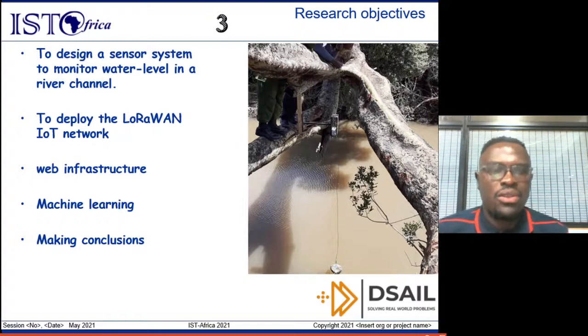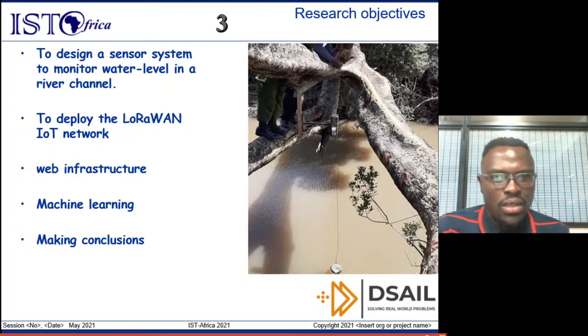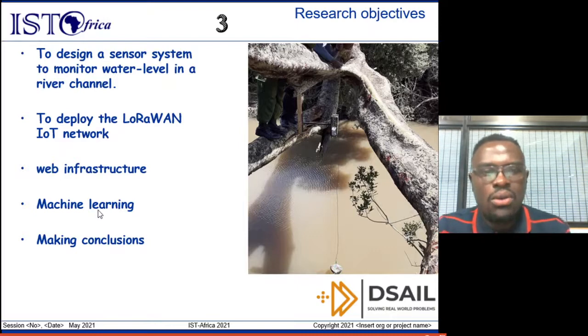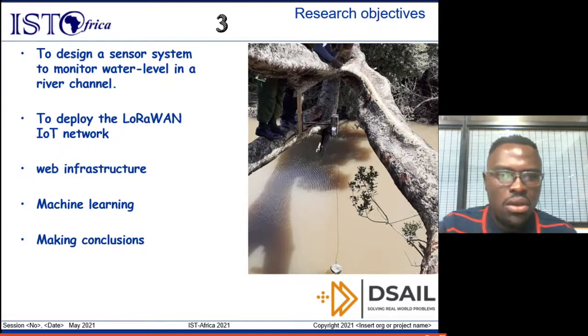Also to deploy a LoRa IoT network to handle the data transmitted from the fixed sensor nodes deployed along the river to the network server, in this case The Things Network, TTN, then the database, and from there web infrastructure to handle the visualization, and machine learning to handle anomaly detection in the data set, so we can also make conclusions from the data.